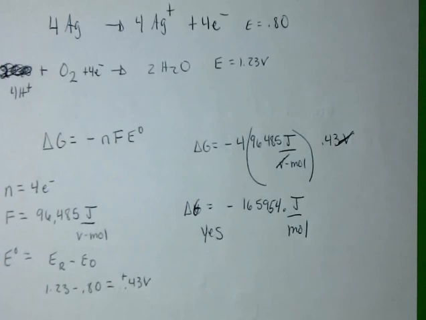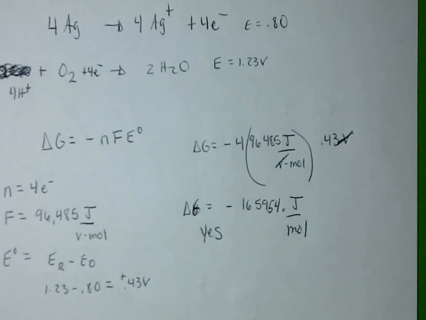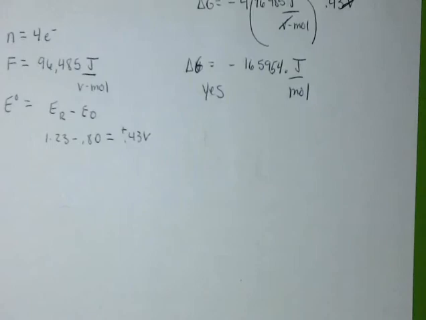Once you've found delta G, you can also find the equilibrium constant by using the other equation that we saw earlier.